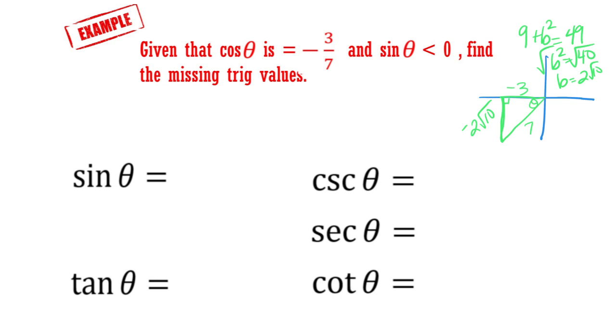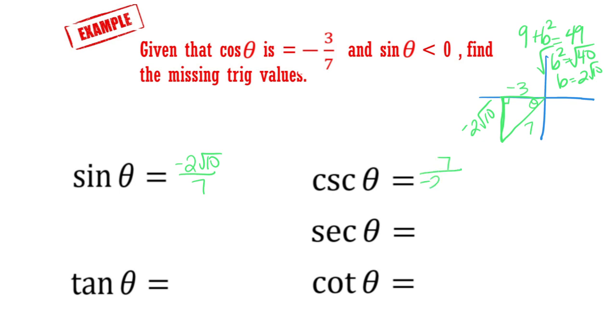They've given us cosine, so I left that spot blank, but now we're going to do sine. Sine is going to be opposite over hypotenuse. So -2 root 10 over 7. That does not reduce, so I'm good to go. Now, once you know sine, you can immediately find cosecant, because all you're going to do is flip it.